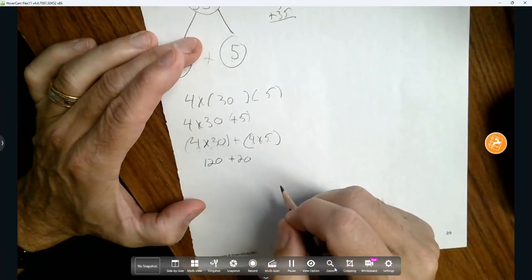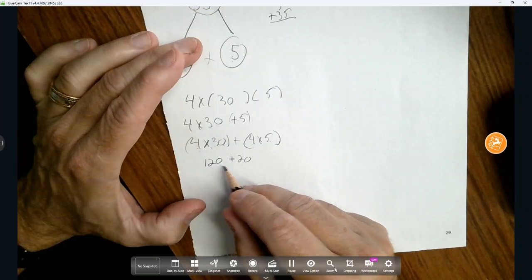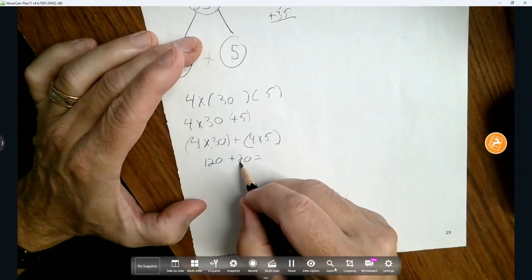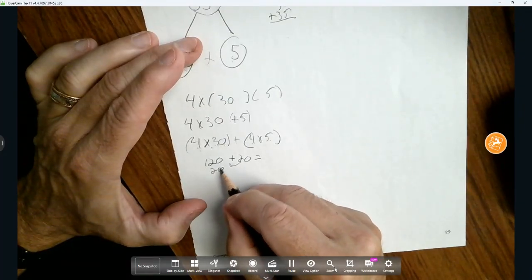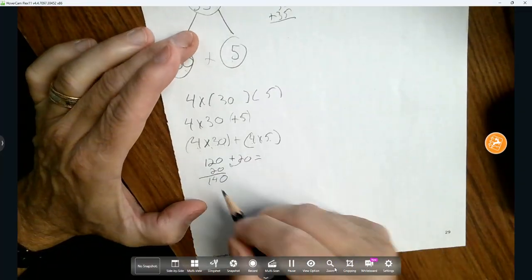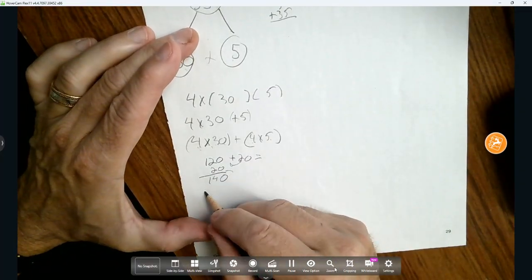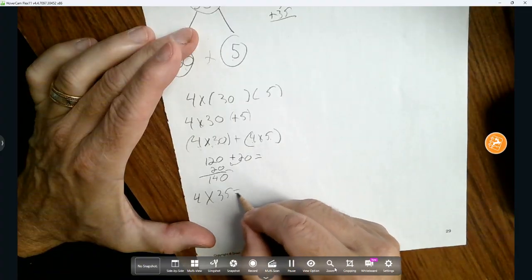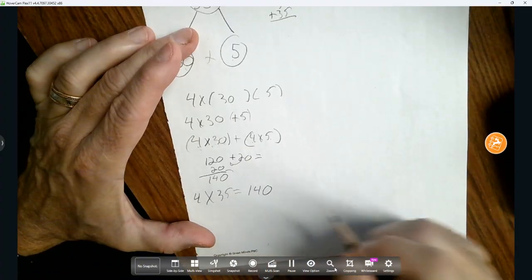Now we have 120 plus 20. So our answer would be 4 times 35 equals 140.